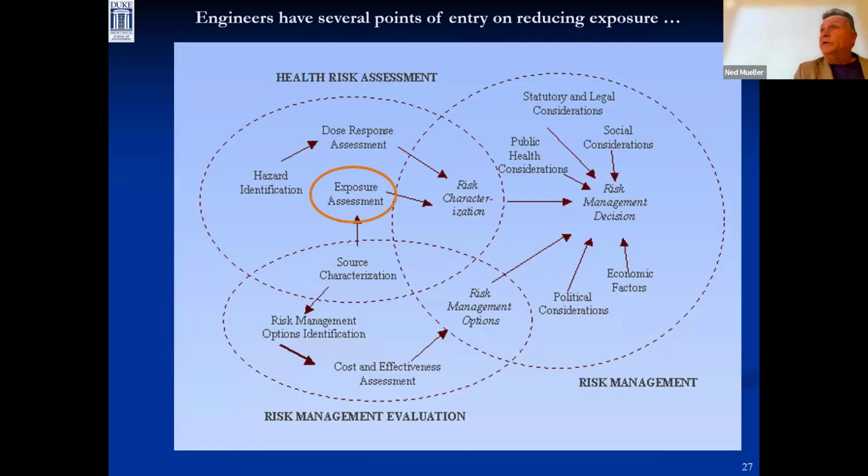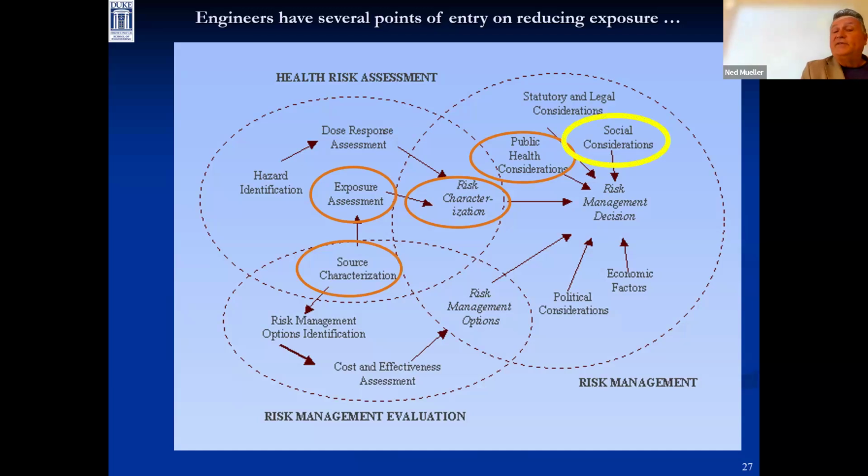So basically, I said we build on this exposure assessment to characterize the risk. Then we turn it over to the risk managers like you guys, and you do things to make it less risky. And you take into account things like public health considerations, social considerations, and go back to the source and say, are there some things I can do to actually reduce the source?